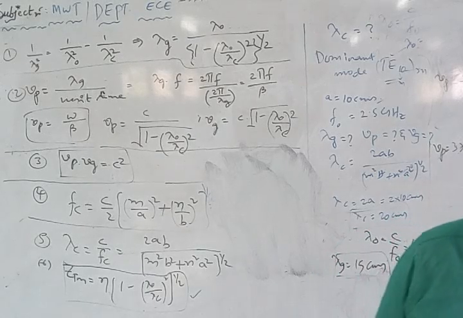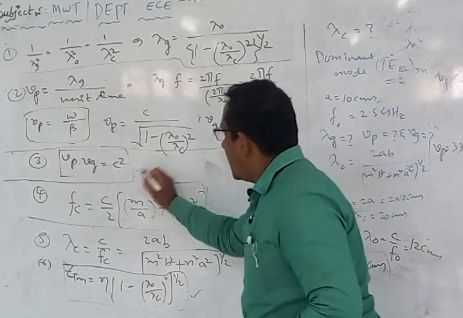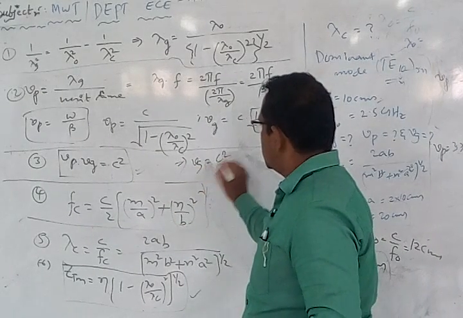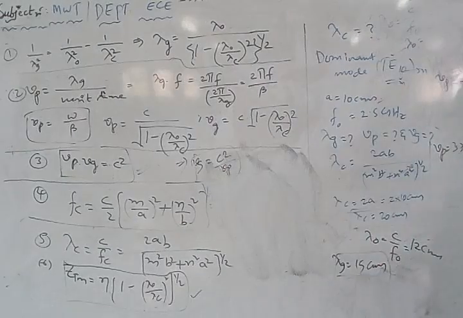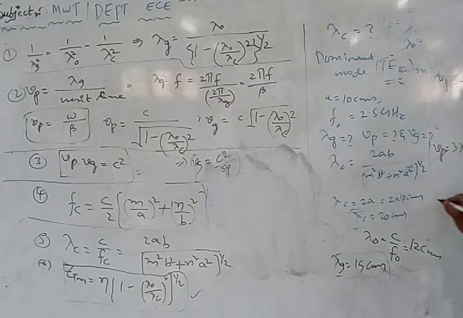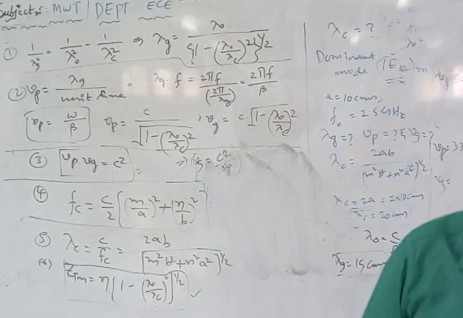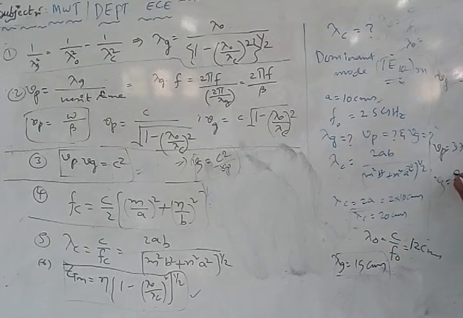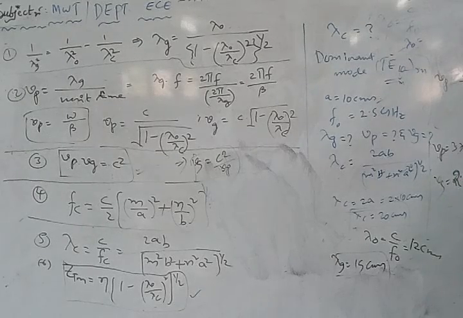Then I can get the group velocity from the third formula. That means Vg is equal to C square by Vp. This is the formula for group velocity. From this, I can get the value for Vg, which I have got as 2.4 into 10 power 10 centimeters per second.